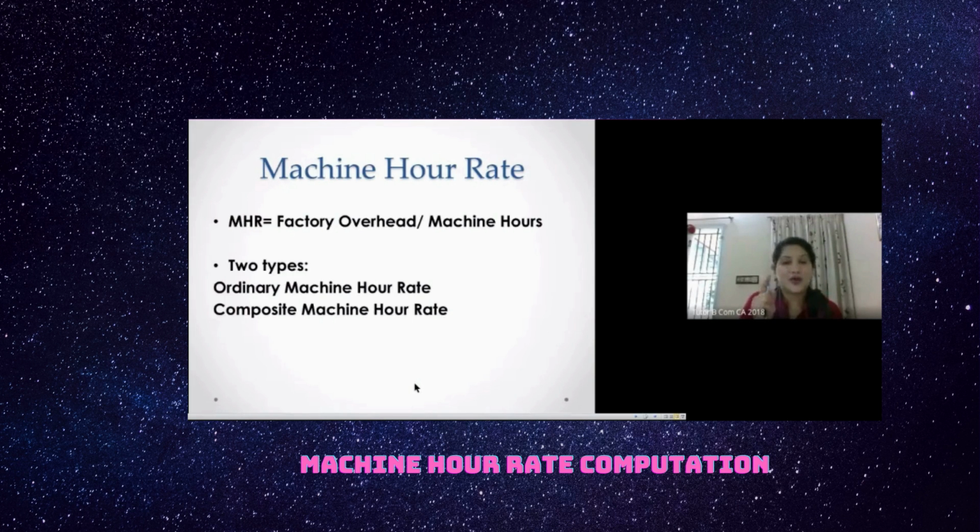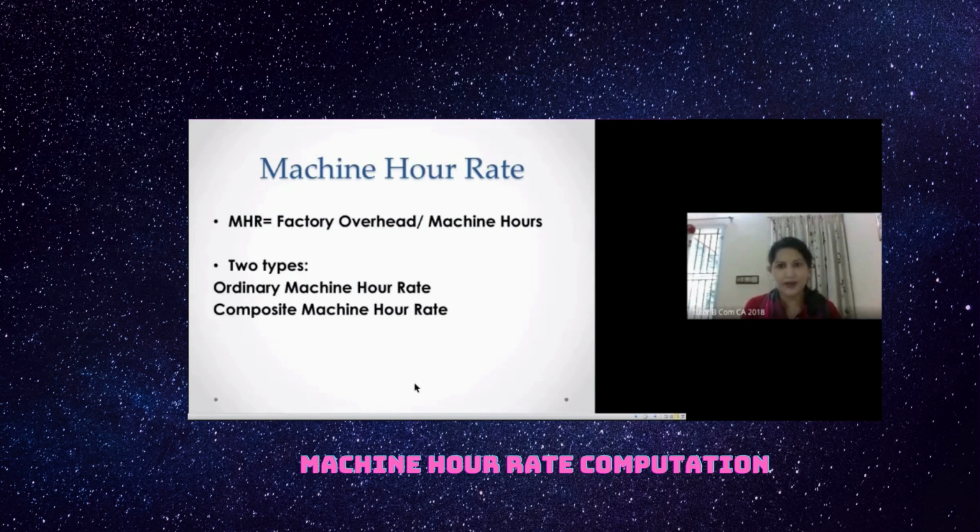So that's why we say that it is machine hour rate, hourly rate of expenses connected with working of a particular machine. Now, why do we say machine? We are always referring to a production setup. So I repeat, machine hour rate is one of the methods which we use for finding out the absorption rate or the overhead rate which is to be charged to the particular unit.